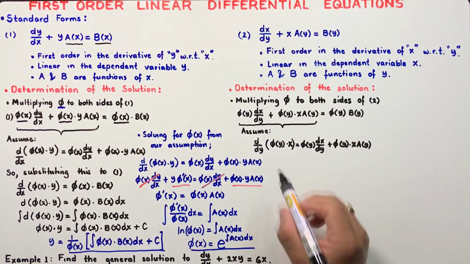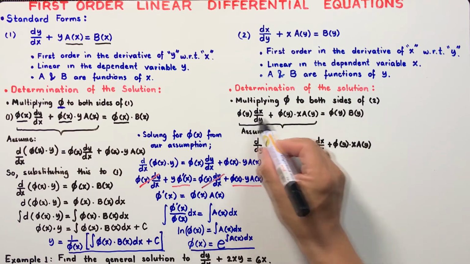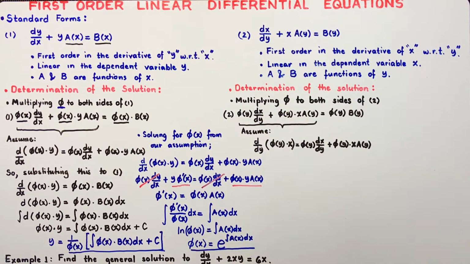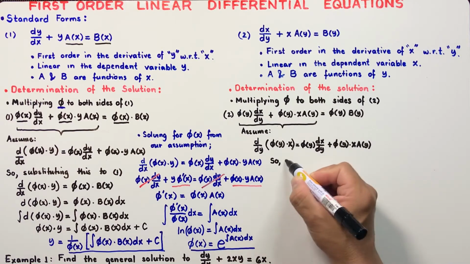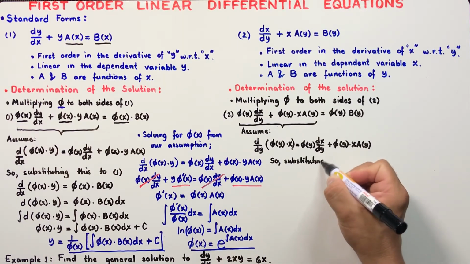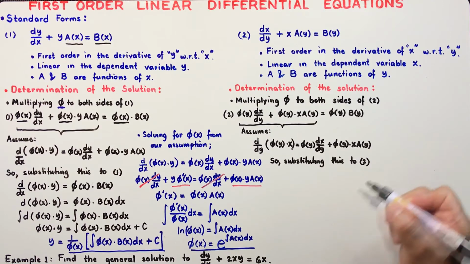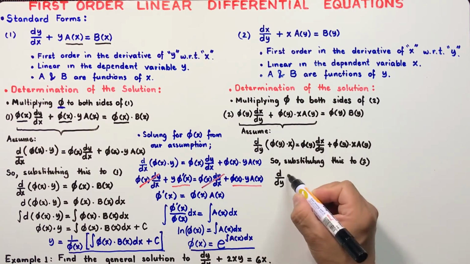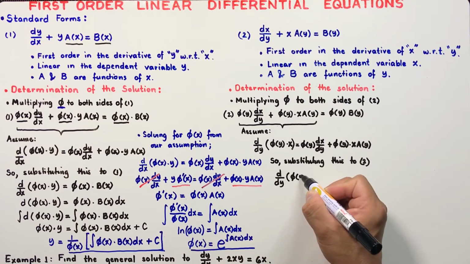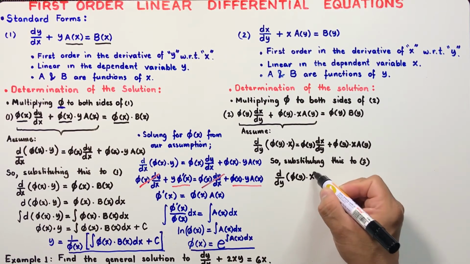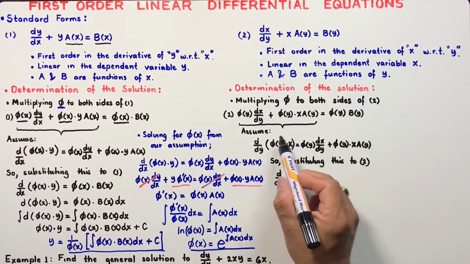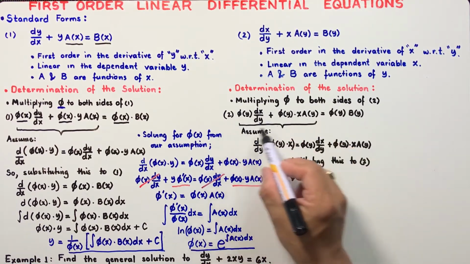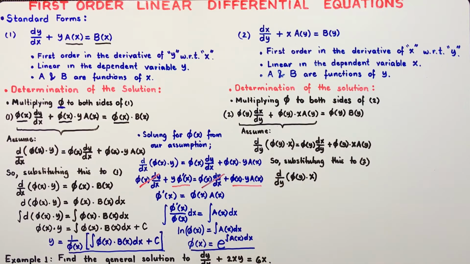So substituting this assumption to this equation number 2, because this is our equation 2, we have the derivative with respect to y of this phi of y times x, because we assume that this one is equal to this. So instead of writing this one, we will write this one here.